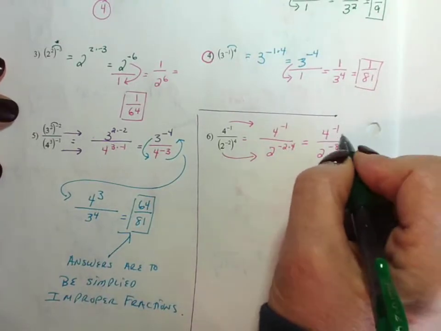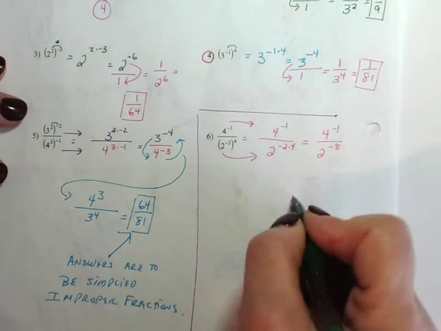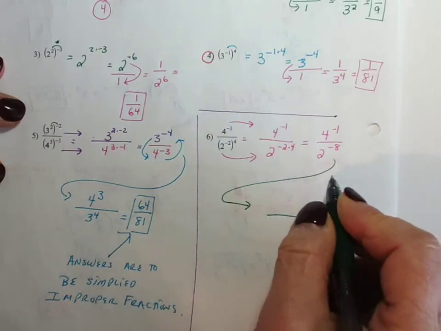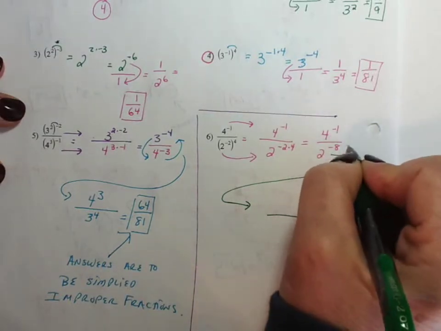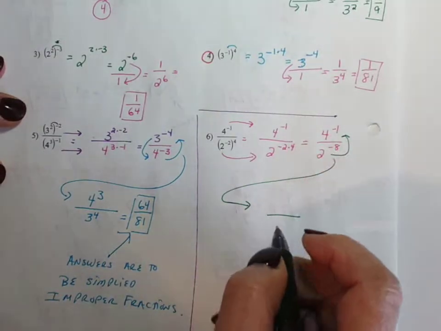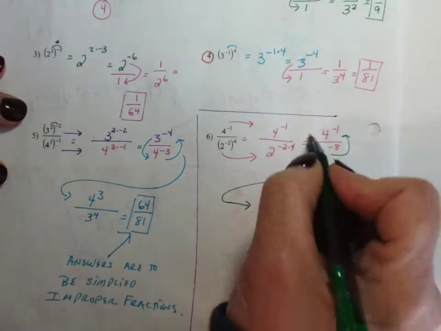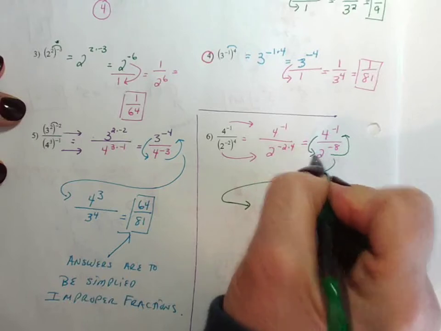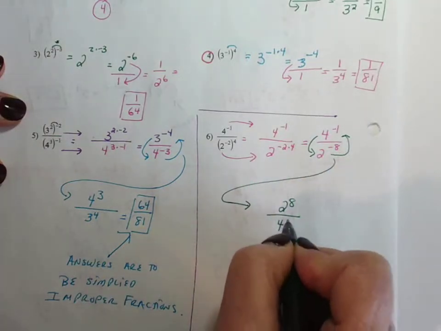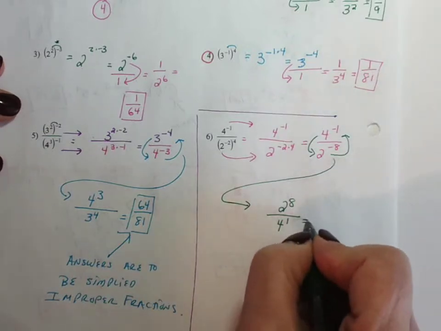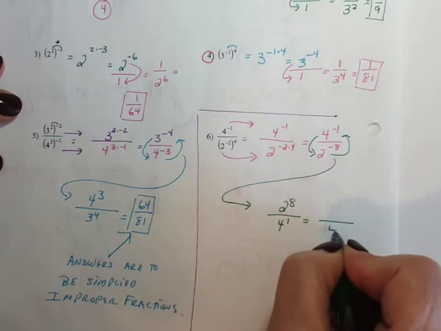I need to make these positive exponents. So 2 to the negative 8 goes into the numerator to be 2 to the 8th. And 4 to the negative 1 is in the denominator, which is 4, or 4 to the first.